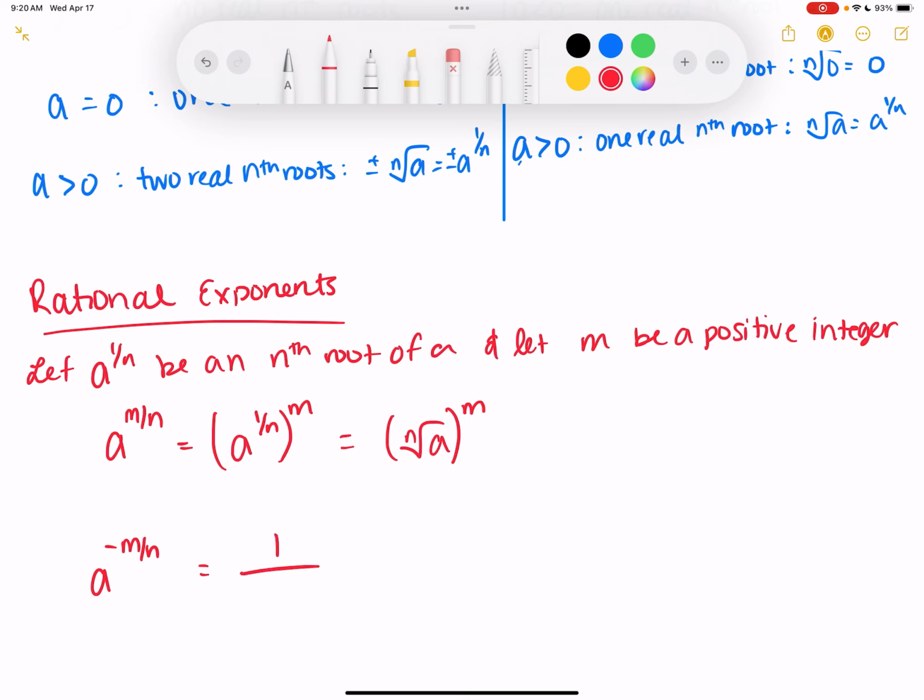So 1 over a to the m over n is equal to 1 over a to the 1 over n raised to the m, or 1 over the nth root of a raised to the m, assuming a is not equal to 0, because now it's in the denominator. So in the first one, it could have been 0, because it's in the numerator, but not on the other ones.